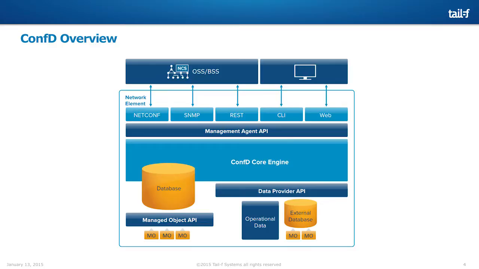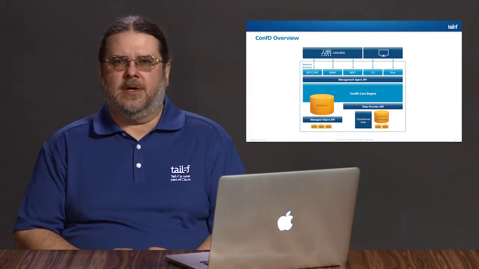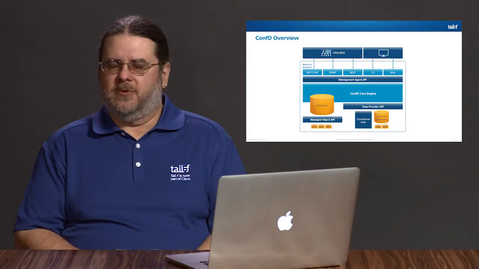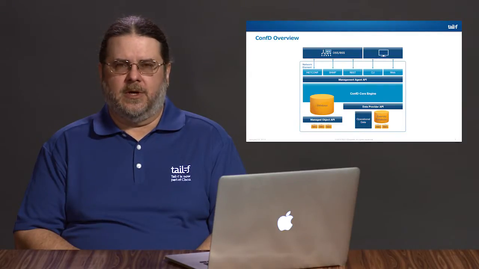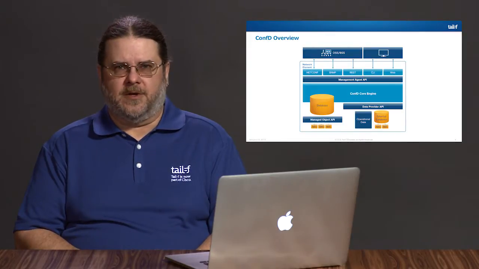ConfD has available a variety of northbound interfaces: netconf, SNMP, Juniper and Cisco CLIs, REST, and also a web interface. With the free version of ConfD, you have netconf and a CLI available for use during development only. With the premium version of ConfD, you have all of the different northbound interfaces available.